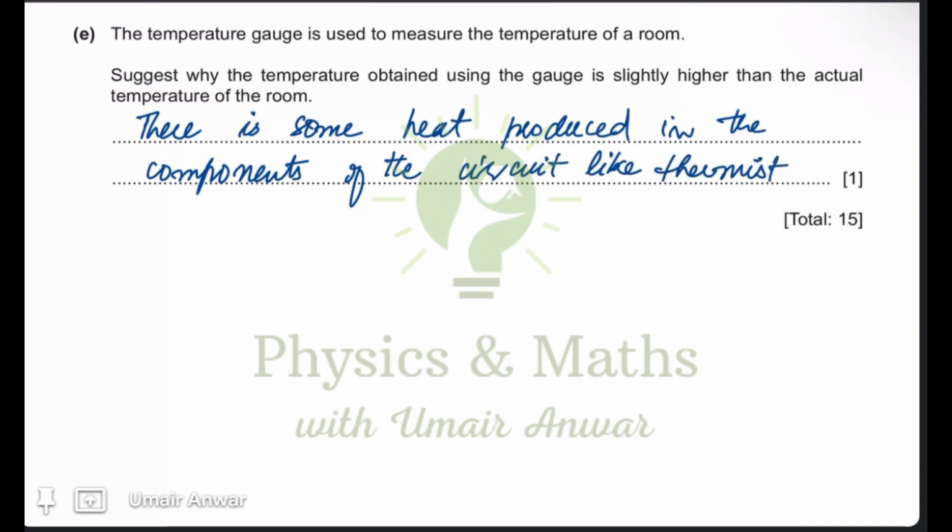They are passing current and heat is being generated there also. So the effect of that heat would also be indicated on the thermometer, and the reading shown by the thermometer would be a little larger than the actual temperature of the surroundings.